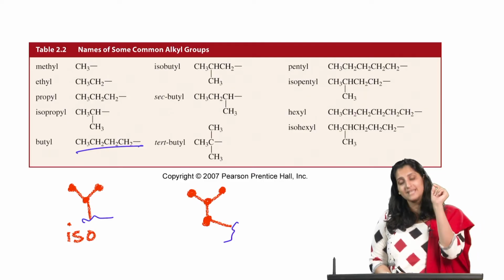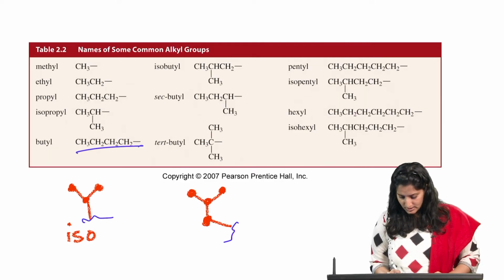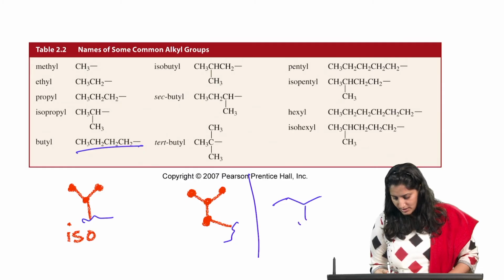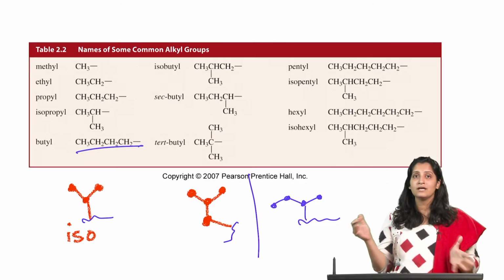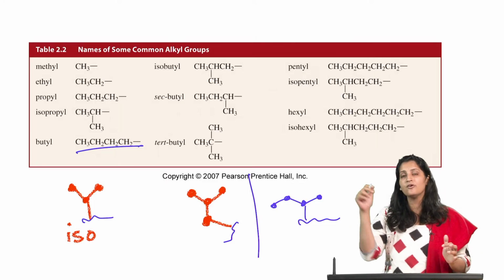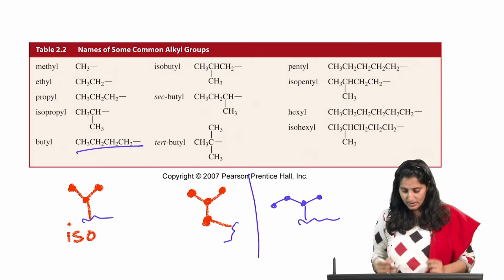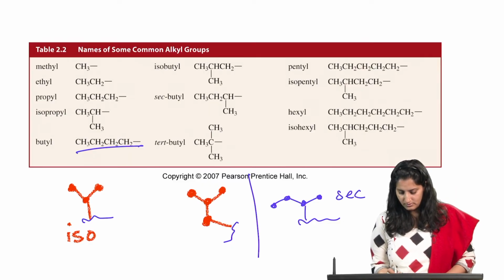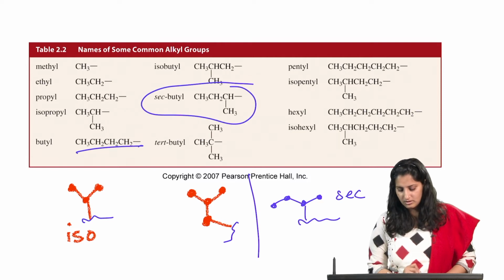So, in the case of secondary, what you see is that for secondary, if I have 4 carbons like this, the main chain gets attached to the second carbon here. So, this is no longer a Y type chain, but it has 1, 2, 3, 4, and on the second carbon you get it attached. So, that this will be a secondary butyl, okay, something like this.